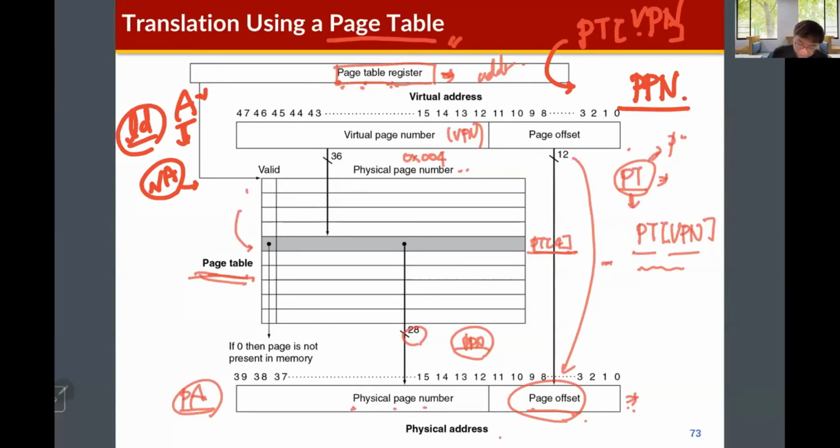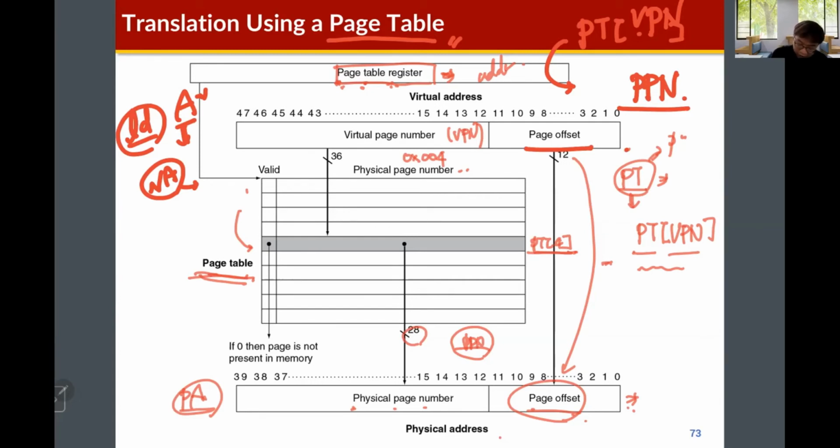Let us assume that the size of a single page is 4 kilobytes, so the page offset occupies the lower 12 bits of the virtual address. In this example, the virtual address size is 48 bits.